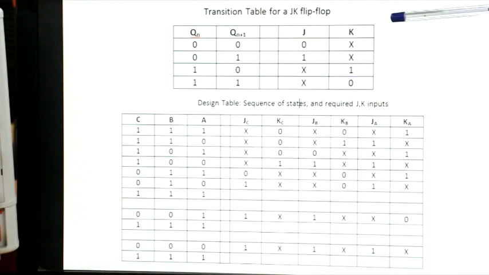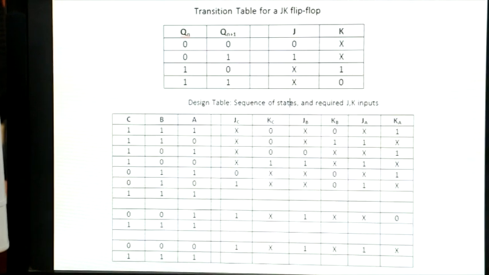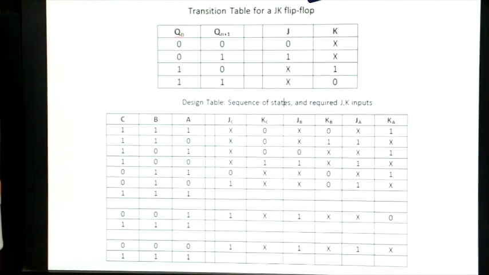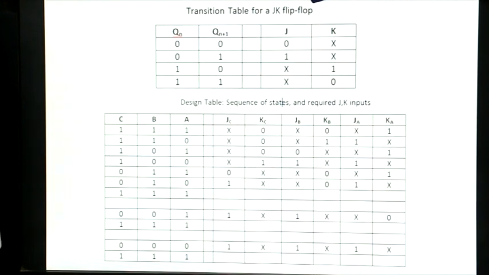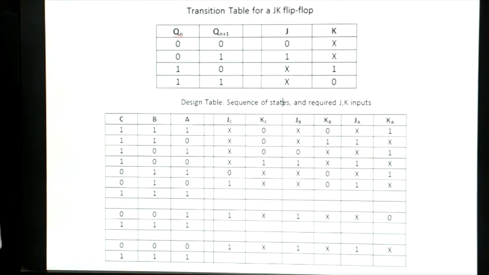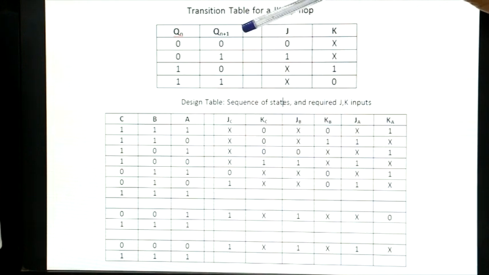In a transition table, you have on the left side 2 entries, Qn and Qn plus 1, meaning the present state and the next state. If you look at the first entry, right now it is 0 and the next state Qn plus 1 you want to be 0, what should be J and K? In this case J should be 0 but K can be 0 or 1, and so on.